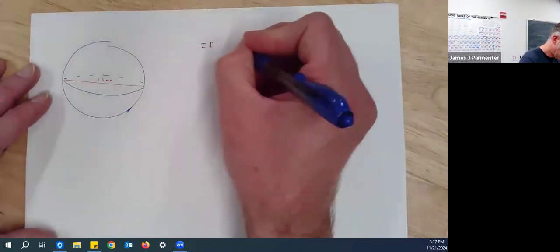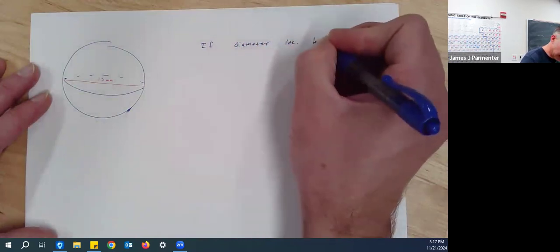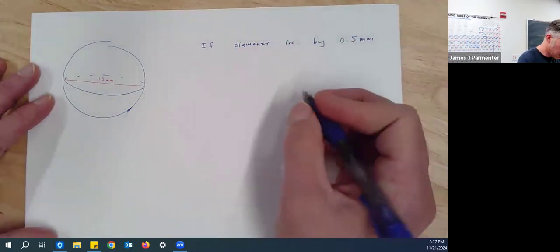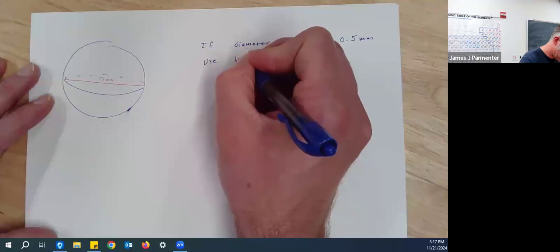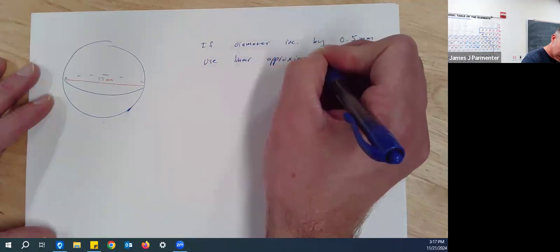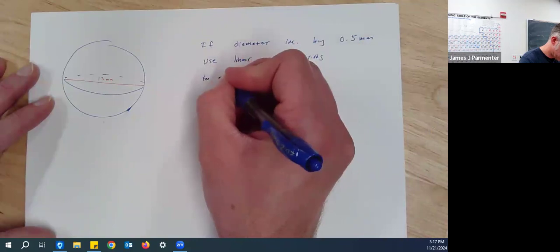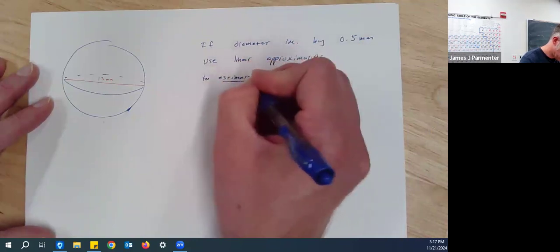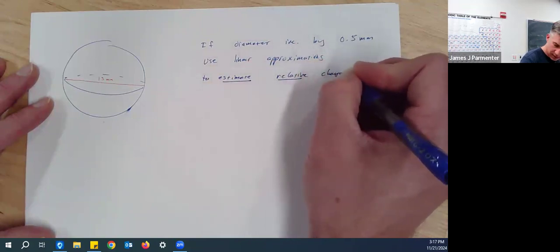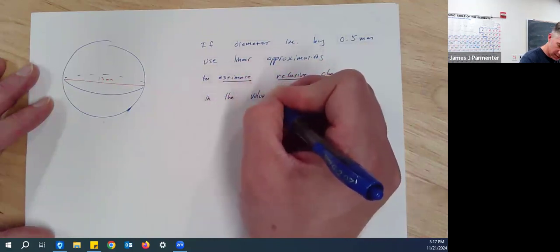So if the diameter increases by 0.5 millimeters, use linear approximations, also known as linearizations, to estimate the relative changes in both the volume and surface area.